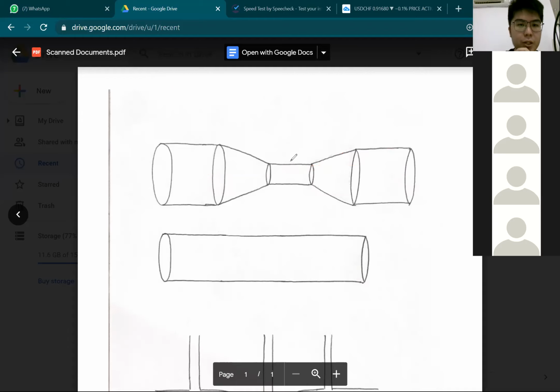Now, let's imagine we take one single particle, the motion of one single particle. Initially in this chamber, it is moving at a certain velocity. I label it as V1. Now, as it enters this constricted section here, you notice that the particle is moving faster, V2, and V2 is bigger than V1.